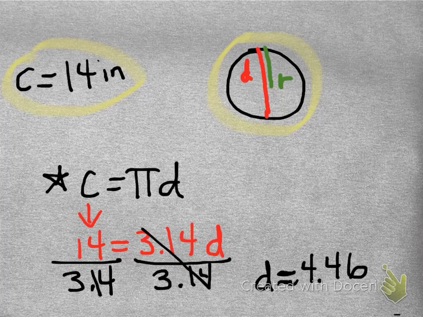There's going to be another example here. The other example is if they want us to find the circumference and they're giving us the radius. I know this is a radius because it goes halfway through the circle. So we're going to use the formula that has the r, the radius, which is C equals 2 times pi times r, which is the radius.